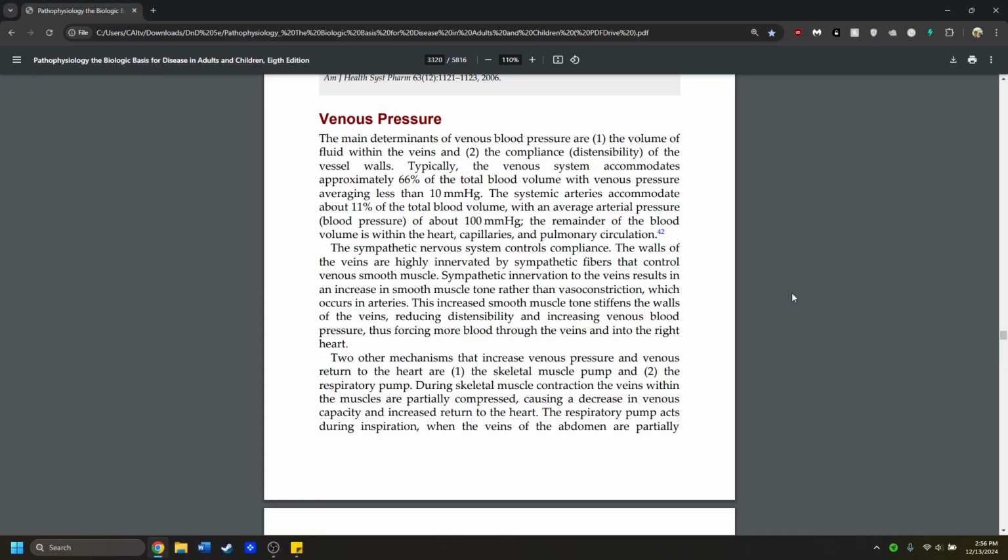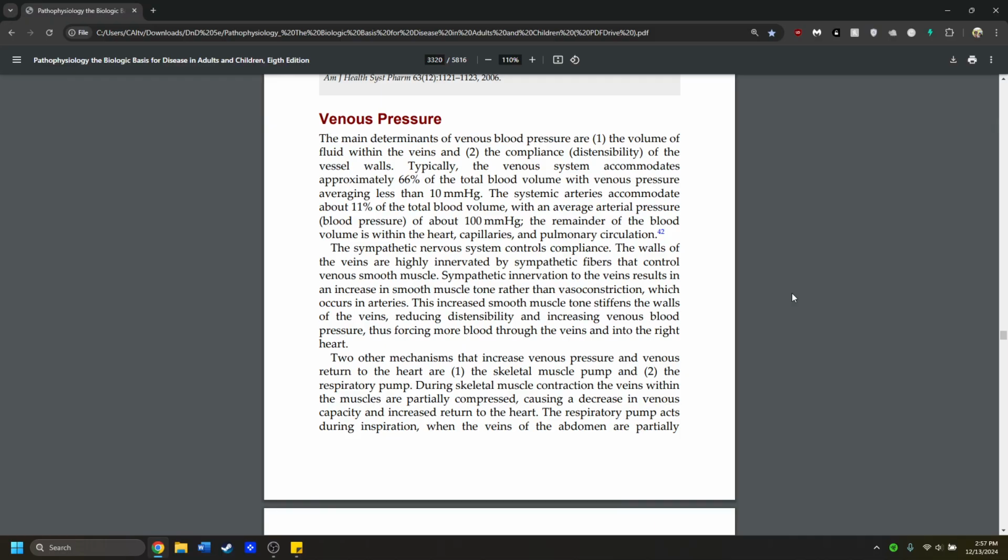The systemic arteries accommodate about 11% of the total blood volume, with an average arterial pressure of about 100. The remainder of the blood volume is within the heart, capillaries, and pulmonary circulation. The sympathetic nervous system controls compliance. The walls of the veins are highly innervated by sympathetic fibers that control venous smooth muscle.